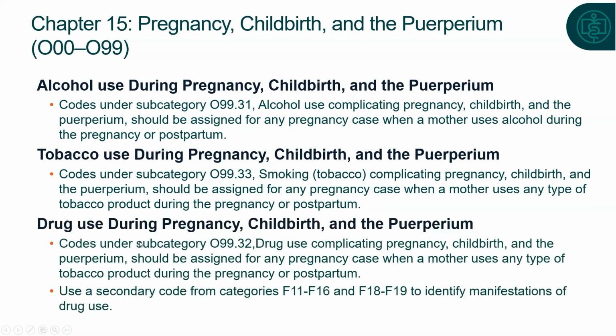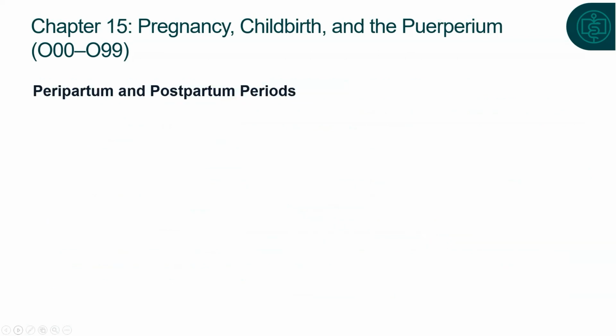And the same goes for drug use. Codes under subcategory O99.32, drug use complicating pregnancy, should be assigned for any pregnancy cases when a mother uses drugs during the pregnancy or postpartum. Use a secondary code from category F11 to F16 and F18, F19 to identify any manifestations of drug use.